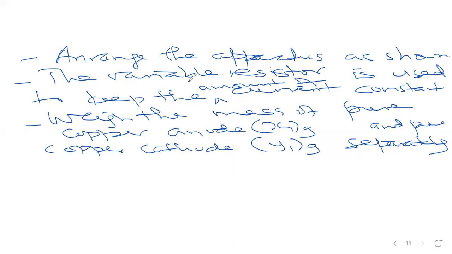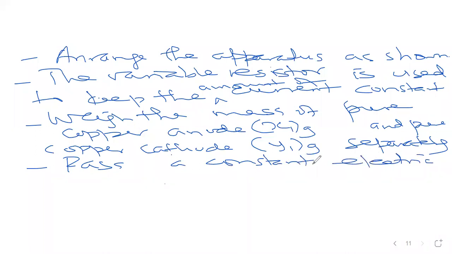So we should weigh the mass of the pure copper anode and the pure copper cathode separately. Then what we do next is to pass a constant electric current.